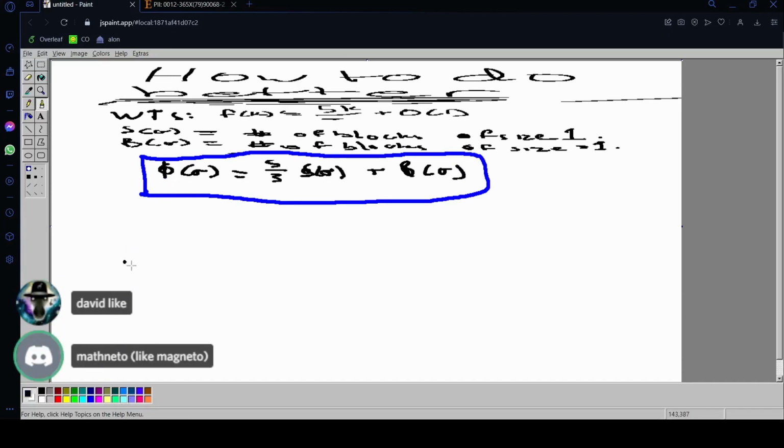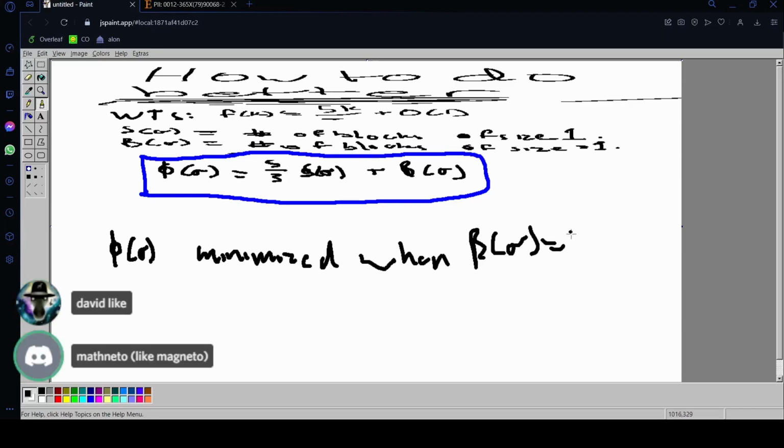Okay, I'm gonna switch back to black. Phi of sigma is minimized when B sigma equals 1.